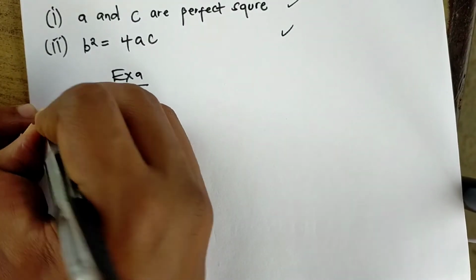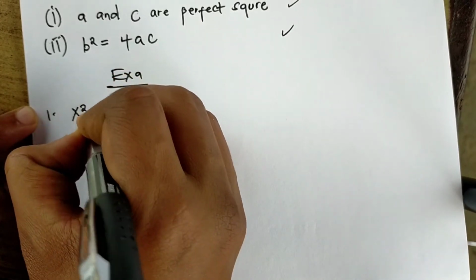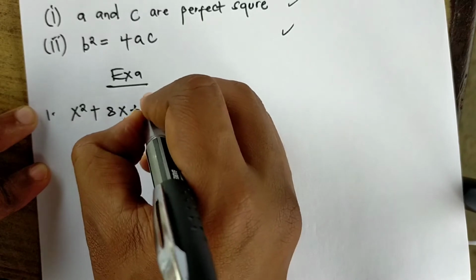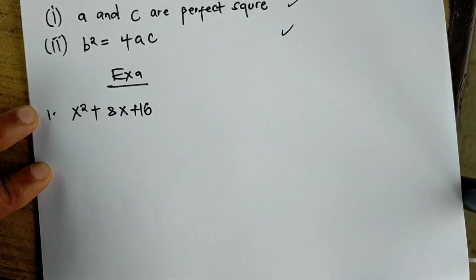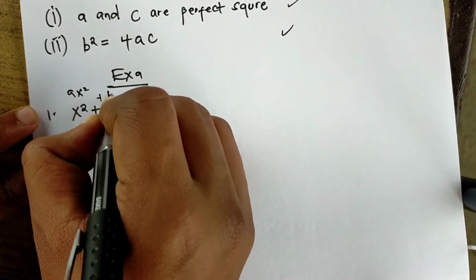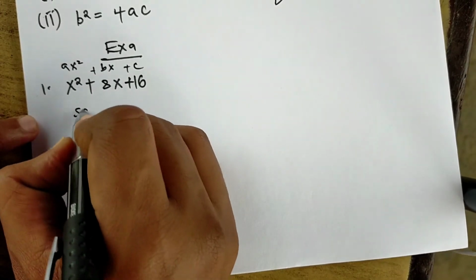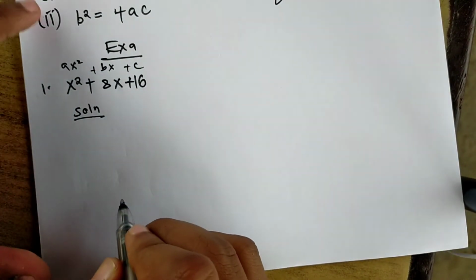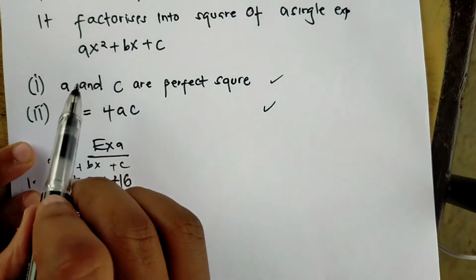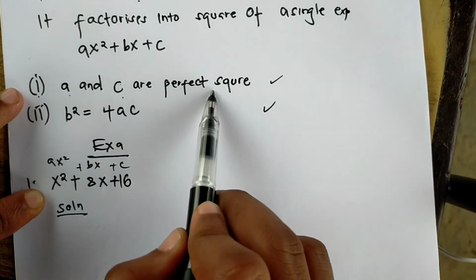Example number one. Let's take x square plus 8x plus 16. This is ax square plus bx plus c. Solution. Condition number one is if a and c are perfect squares.